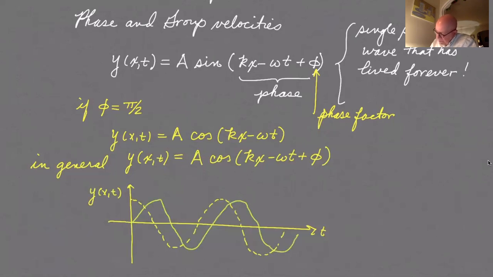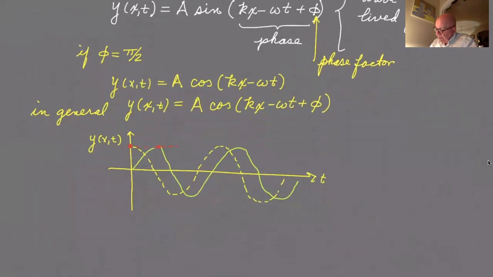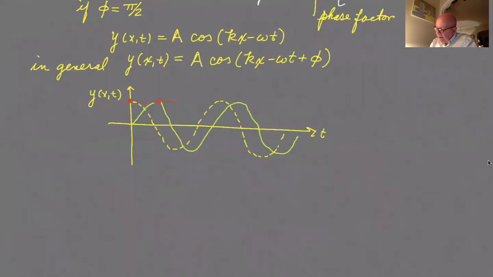Okay. And so if we look at points here, say a point here and this is the same phase, it's going to represent the same height or displacement of the medium. Then we could calculate the speed of the wave, because this is a point of constant phase.